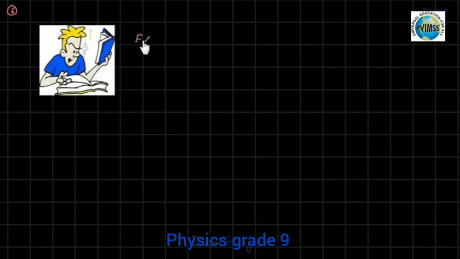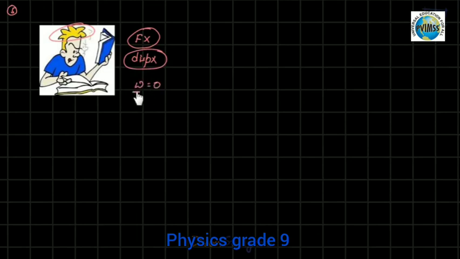Suppose that you are studying. In this situation, there is no force and no displacement involved. You are only doing mental work. So force is 0 and displacement is also 0, so work done equals 0.